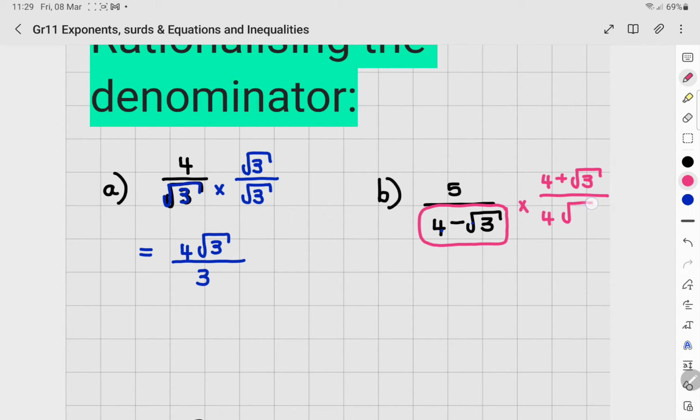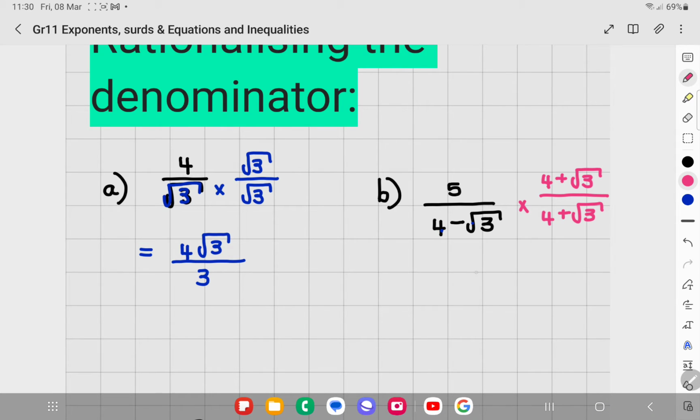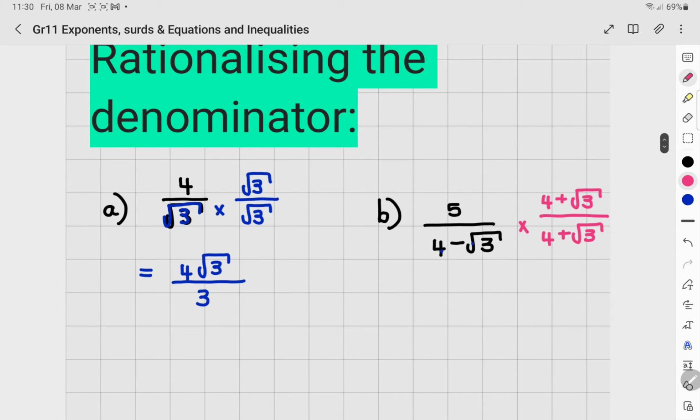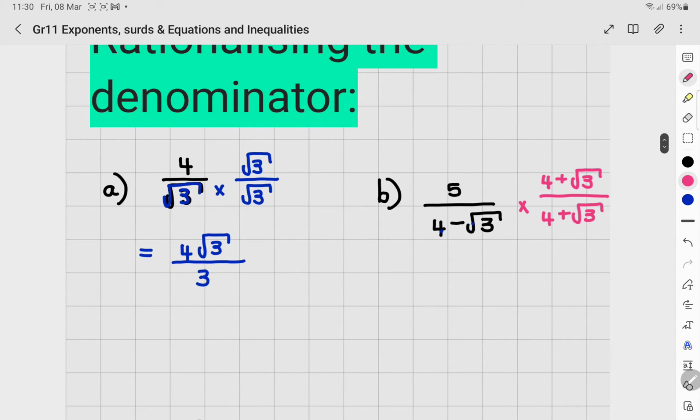So remember, when we've got a binomial and a binomial multiplying with each other, and a minus and a plus, and the numbers are exactly the same, then we are creating a difference of 2 perfect squares. We're going to have 4 times 4 is 16, and you'll see it's plus minus, which will fall away, and then we've taken away our square root.